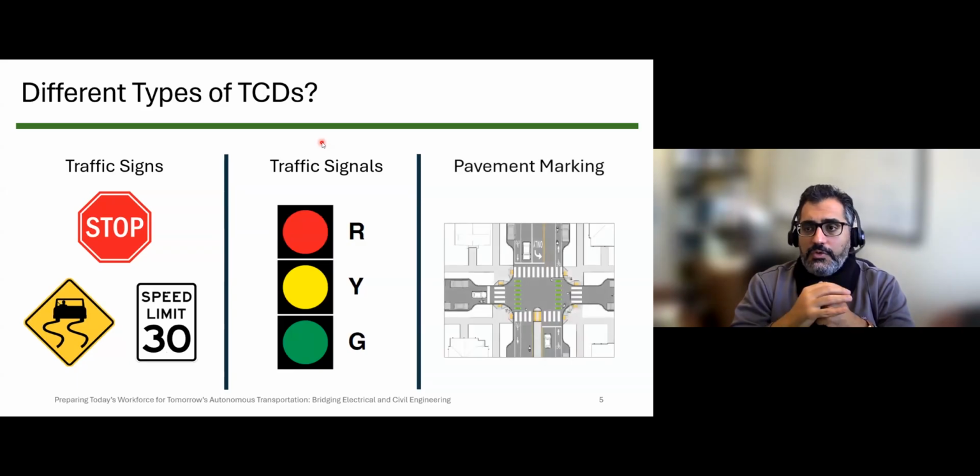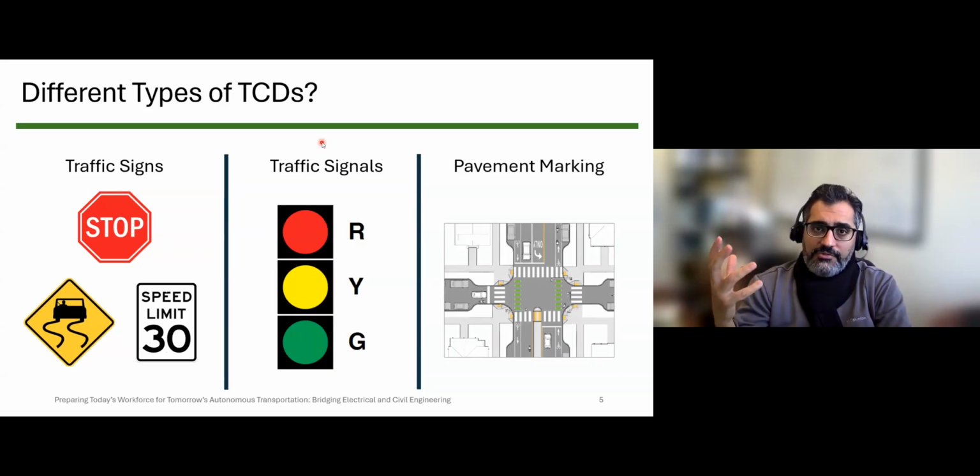And then also pavement marking, what we apply on the pavement in forms of longitudinal marking or in forms of colored pavement. And it is important to know that these three do not work in silos. They work in interaction with each other in order to promote that safety and efficiency that we talked about.